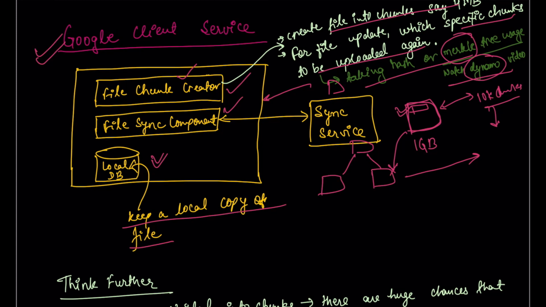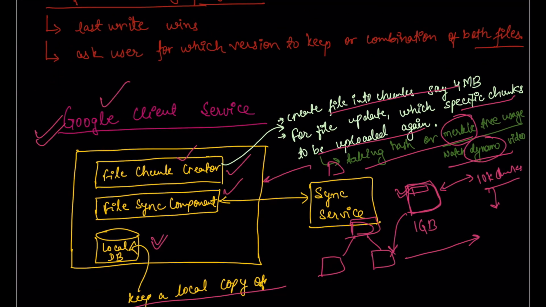It basically uses Merkle trees. Merkle trees help you to specifically identify which chunk has changed, and then replicate that chunk only. So a similar functionality we are specifying here. You figure out which chunk has a change, and that specific chunk is uploaded again.